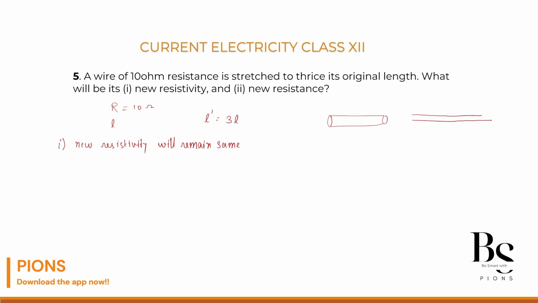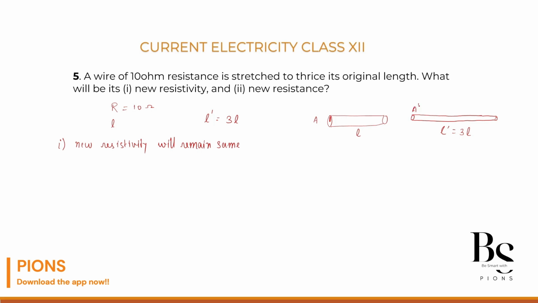Its length will increase, but when its length increases, its diameter will also decrease. So, L dash is our new length, which is 3 times the original length, and this is our previous length, with the area of cross section A. The new area will be smaller than the previous area. But how much smaller, we will see within a minute.